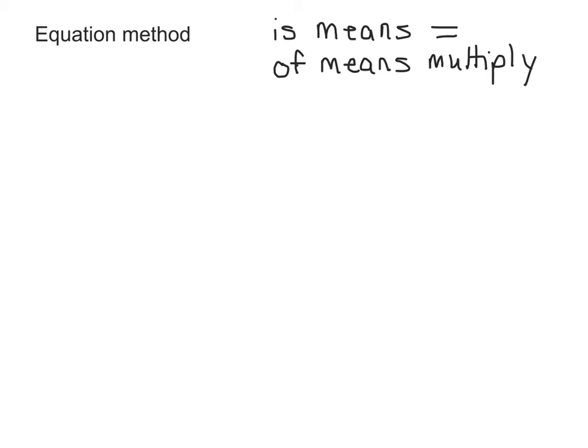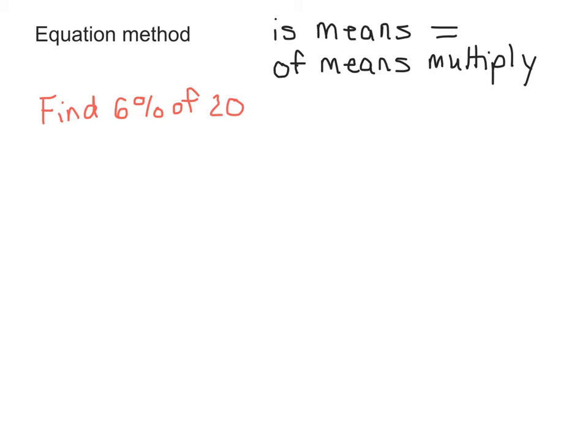So let's go ahead and take a look at a few examples. So they might say, find 6% of 20. When it says find, you can think of that being what is, same thing.